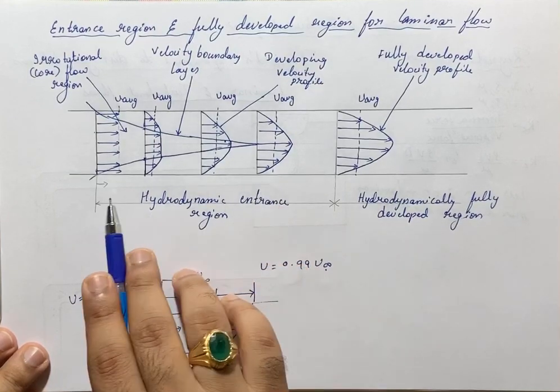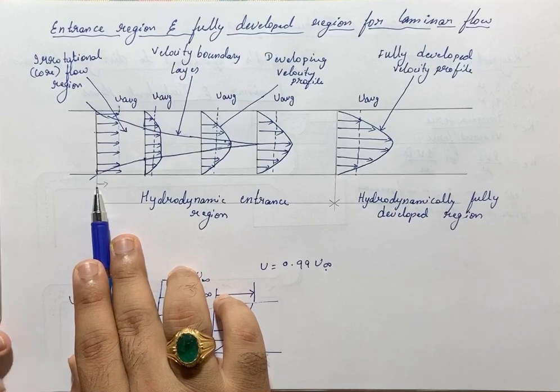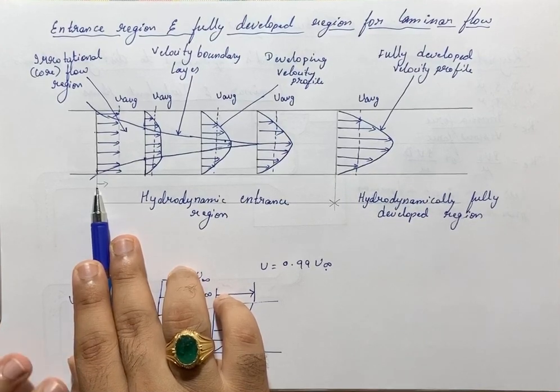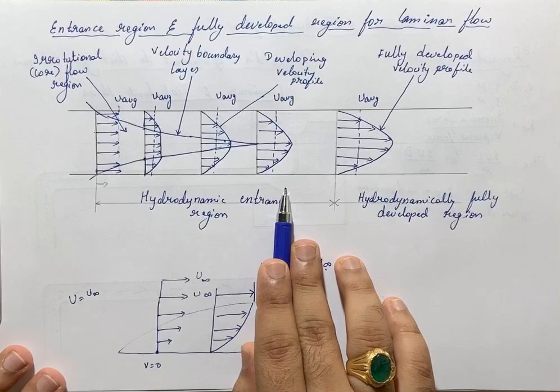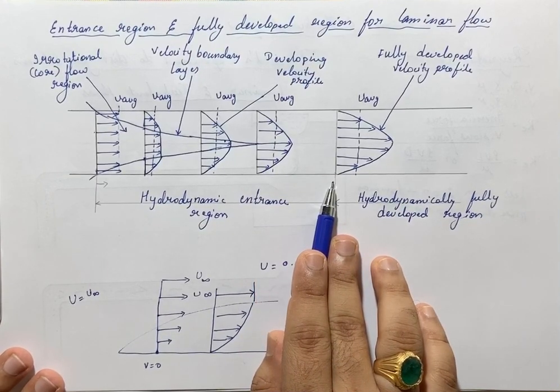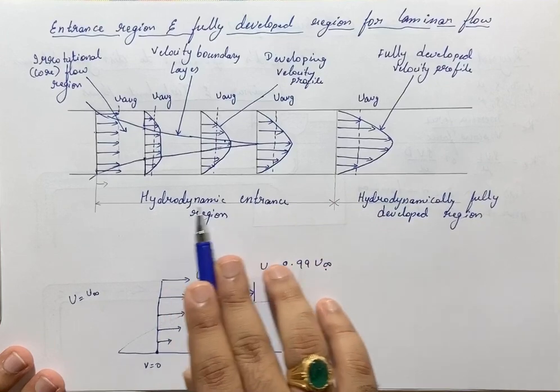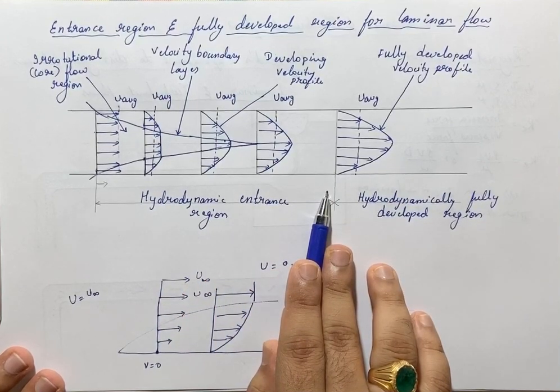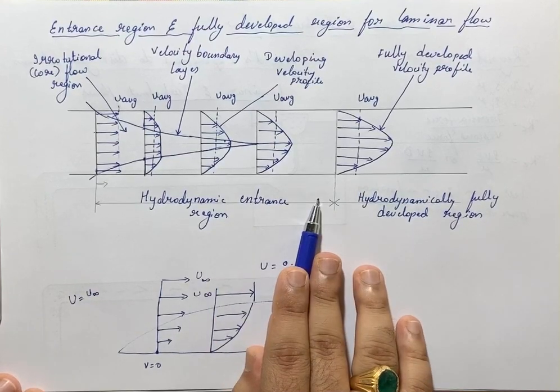The region from the inlet of the pipe to the point where the velocity profile is fully developed, that distance is called the hydrodynamic entrance region here, right? The flow in this region is called hydrodynamically developing flow, because in this region the velocity profile is developing.